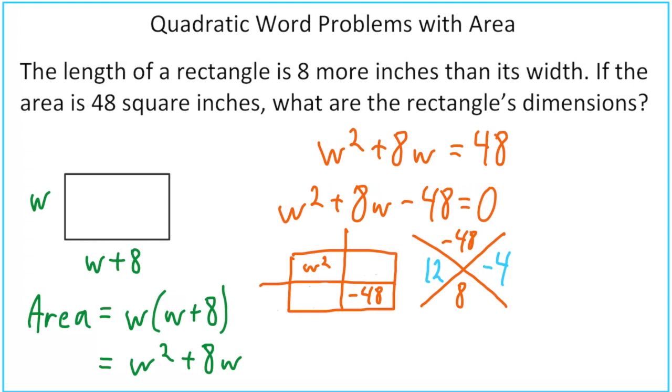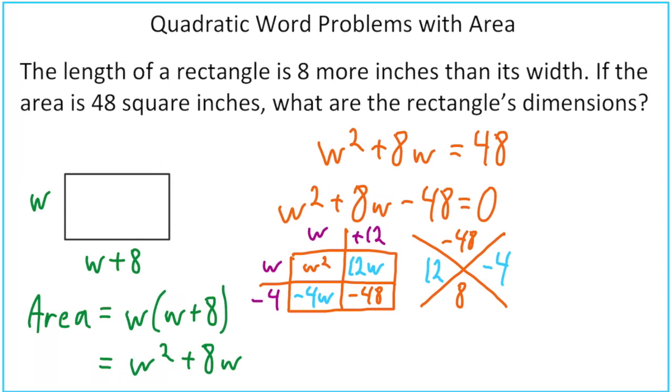Now we can transfer these over, and we're ready to solve the outside of our generic rectangle. We know it's got to be W times W to get W squared. It would be W times positive 12 to get 12W, and W times negative 4 to get negative 4W. Just to double check, negative 4 times positive 12 does give us negative 48.